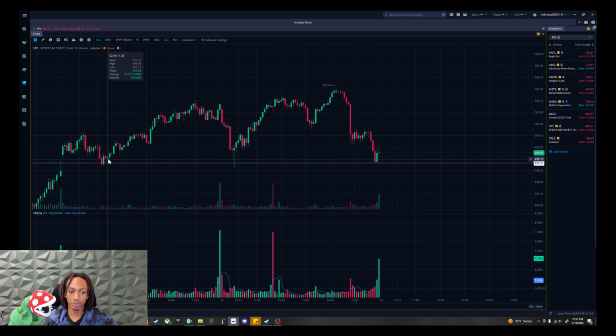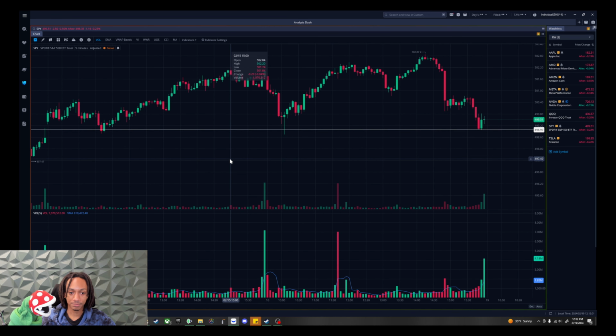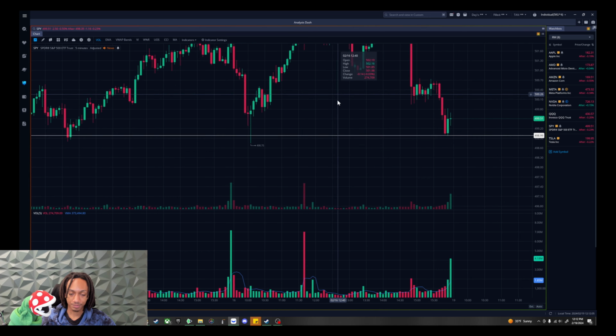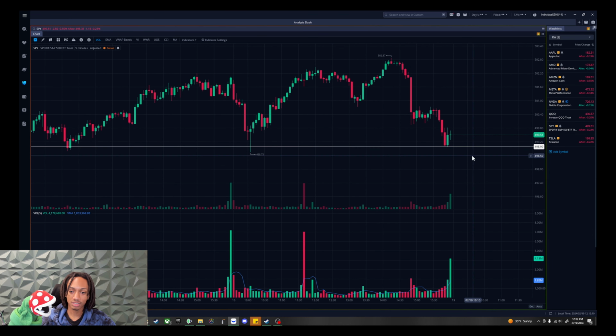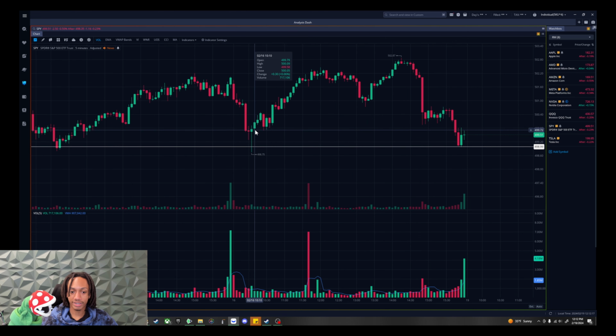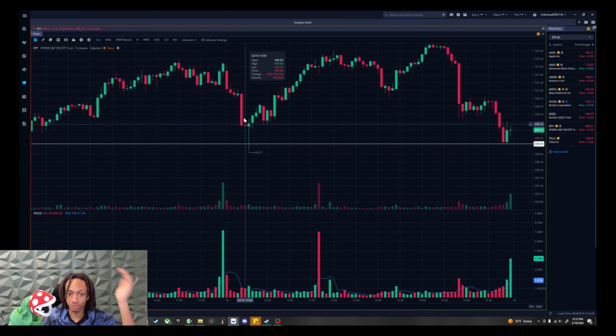We marked it as a support because we had the area of support where we have one, two, three touches. And I just want to show you how you combine key candlestick formations with a support level and the volume. So combining volume and price action shows you significance.